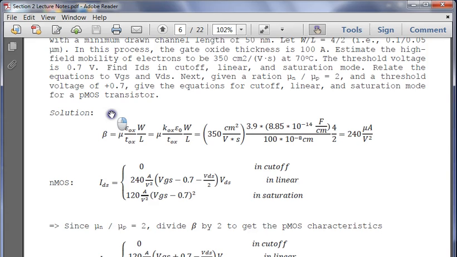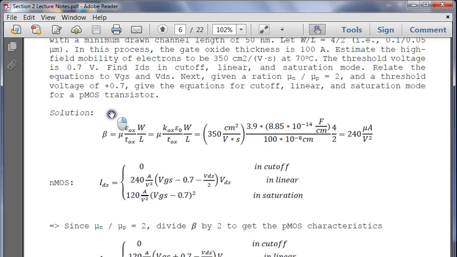We know the thickness is defined as 100 times 10 to the negative 8 centimeters, so we're going to have a TGOX. And we are also given that the width-length ratio is 4 over 2. And that becomes equal to 240 microamperes over volts squared.